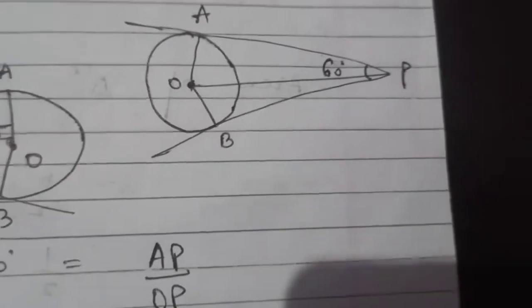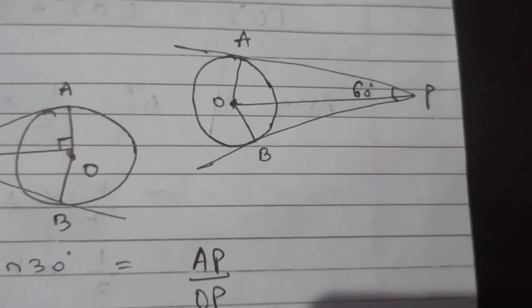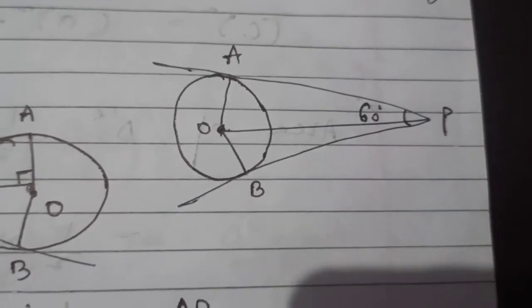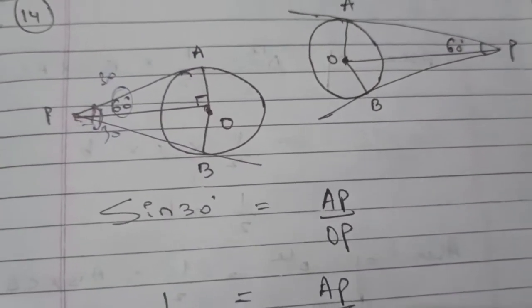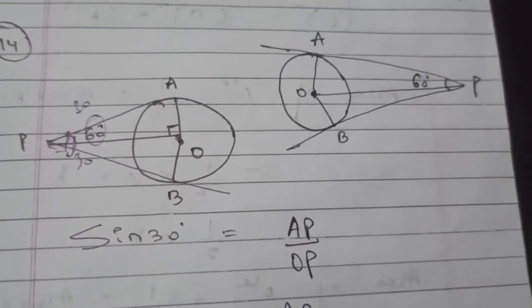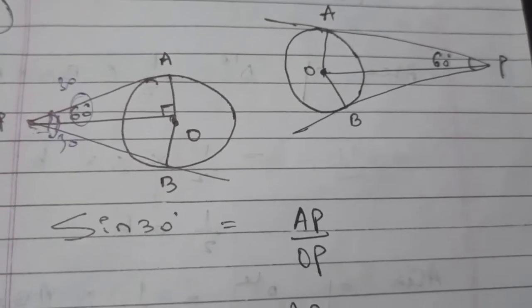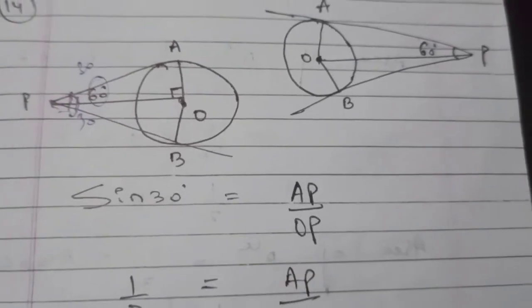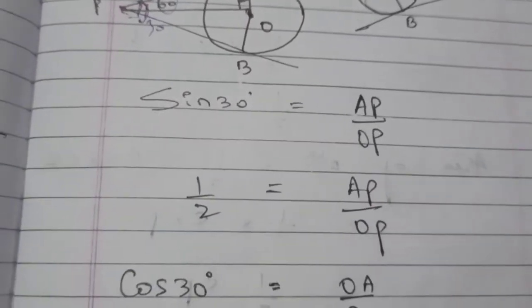Here PA and PB are two tangents with a 60 degree angle, and OA and OB are two sides. So we can take sine 30 as opposite by hypotenuse. Here opposite is AP and hypotenuse is OP, because OP is the longest side. So AP by OP, sine 30, is 1 by 2.